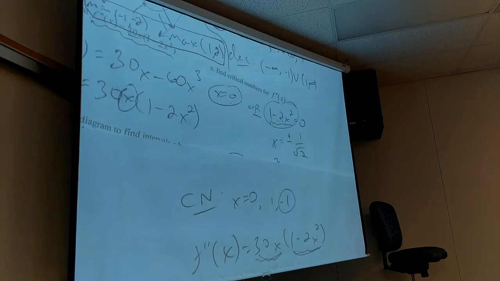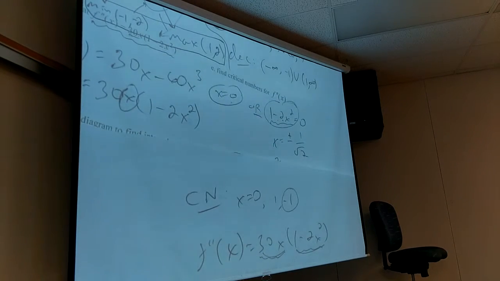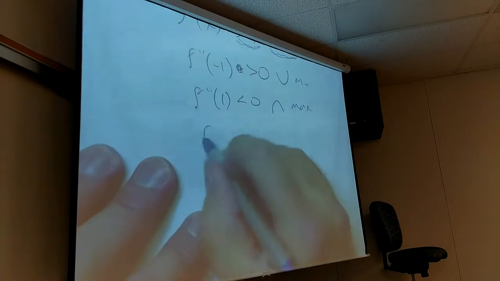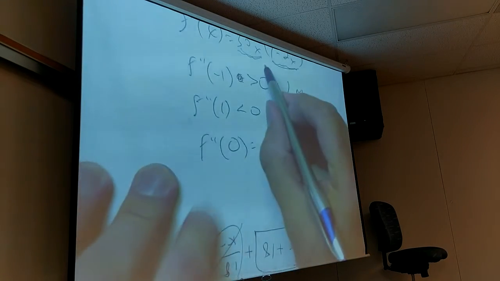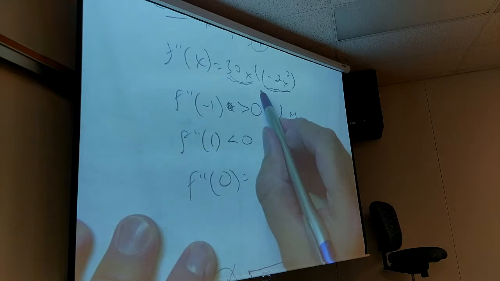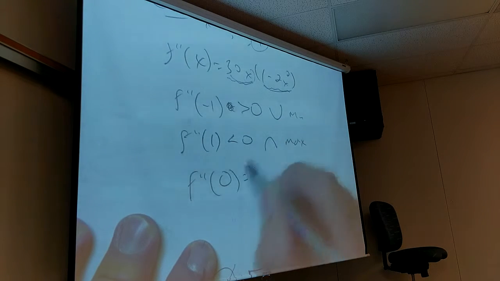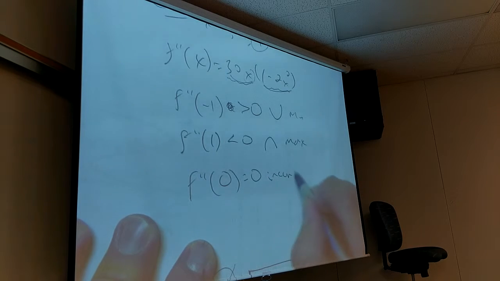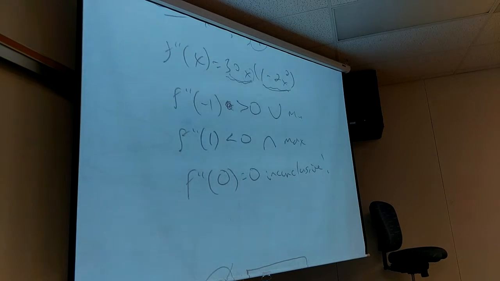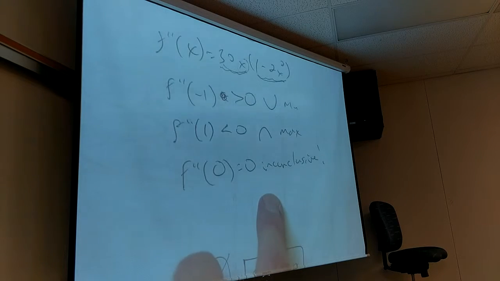So now here's the reason why we have first derivative test and second derivative test. What is f double prime of 0? It's 0. So it's inconclusive. I'd have to go back and do the first derivative test for 0, because the second derivative test doesn't tell me.